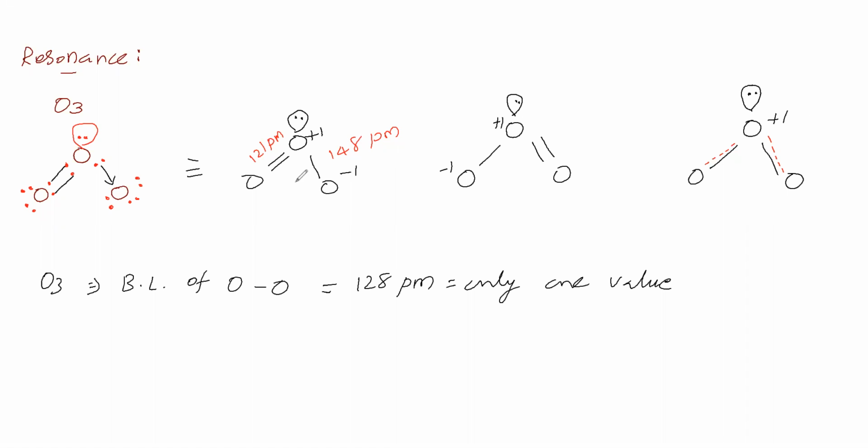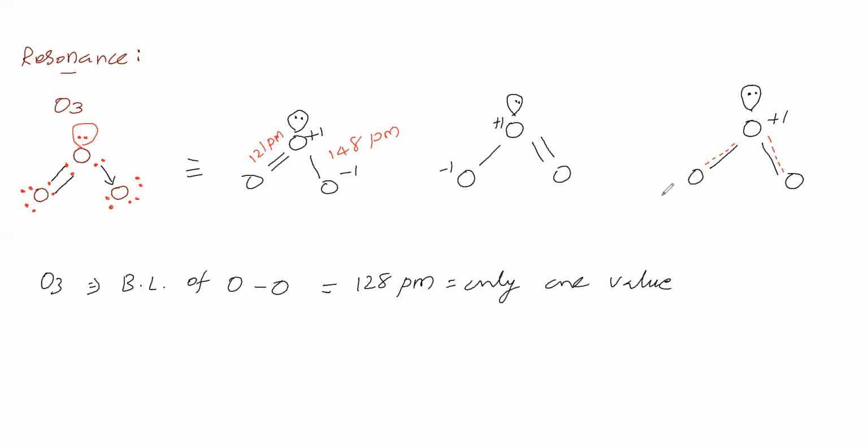Sir, here the right side oxygen has -1 charge. Here the left side oxygen has -1 charge. In this possible structure of ozone, the right side oxygen has -1 charge. In this possible structure of ozone, the left side oxygen has -1 charge. We are trying for the actual structure of ozone. So shall we distribute this -1 charge equally to the left side oxygen as well as the right side oxygen.